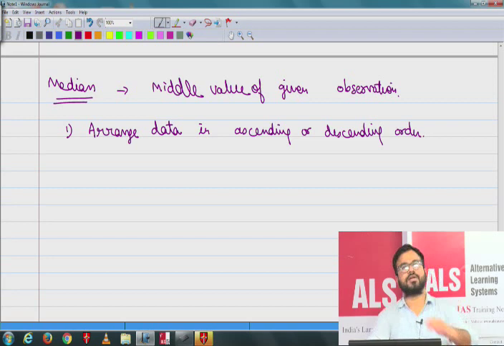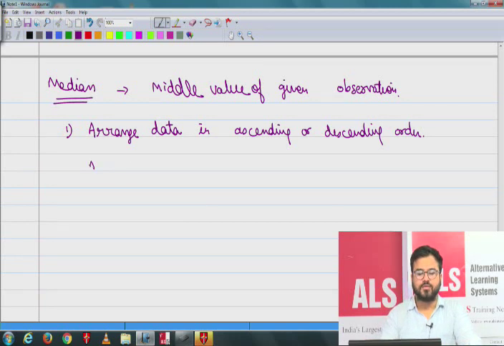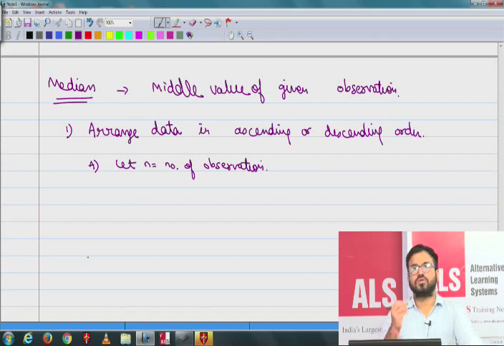Either you can arrange the data in ascending or descending. Now to get the middle value of the data, there are two cases. The number of observations can be odd or even. Let n be the number of observations.